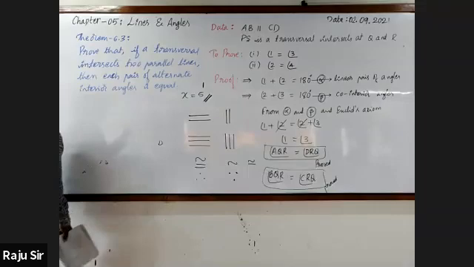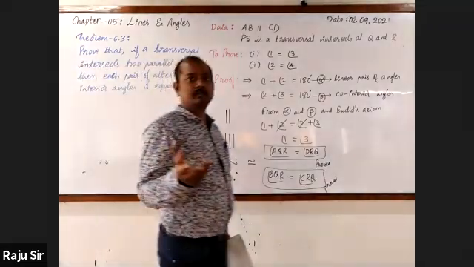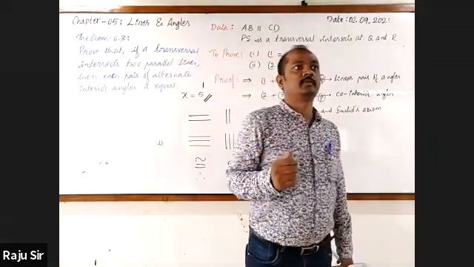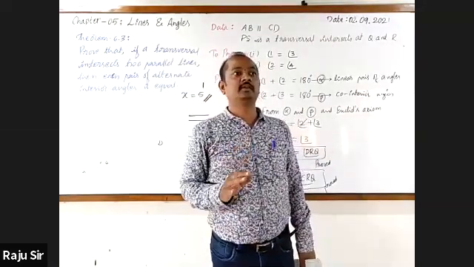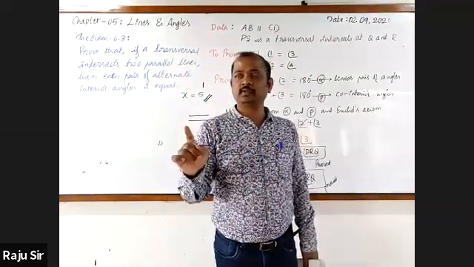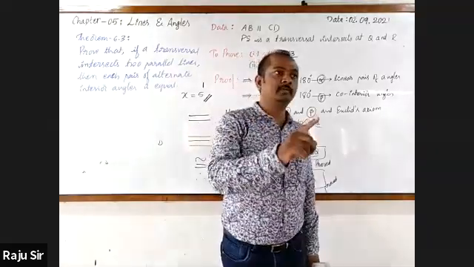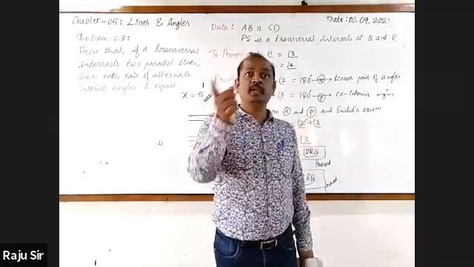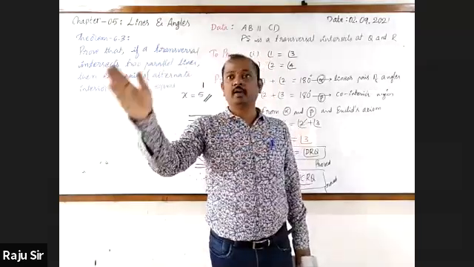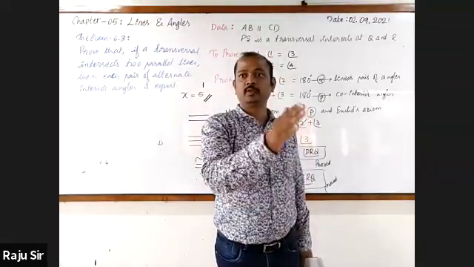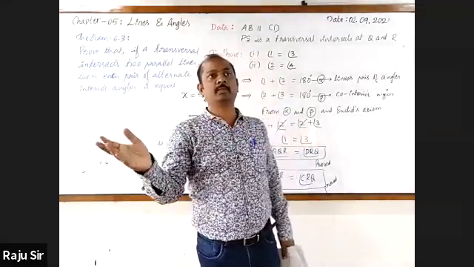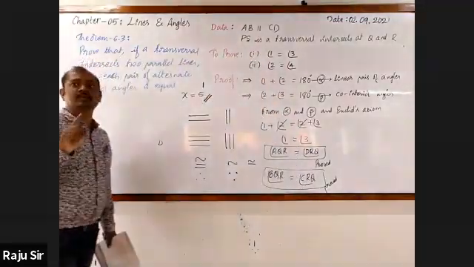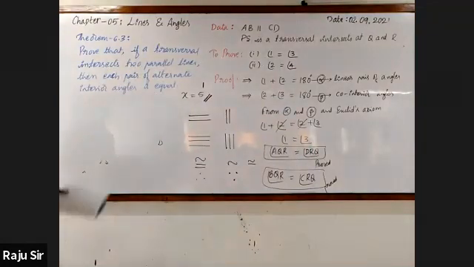Do you know what is converse? Reverse order. It is the statement which is obtained by changing the order of data and to prove. And that statement is called converse of the theorem.